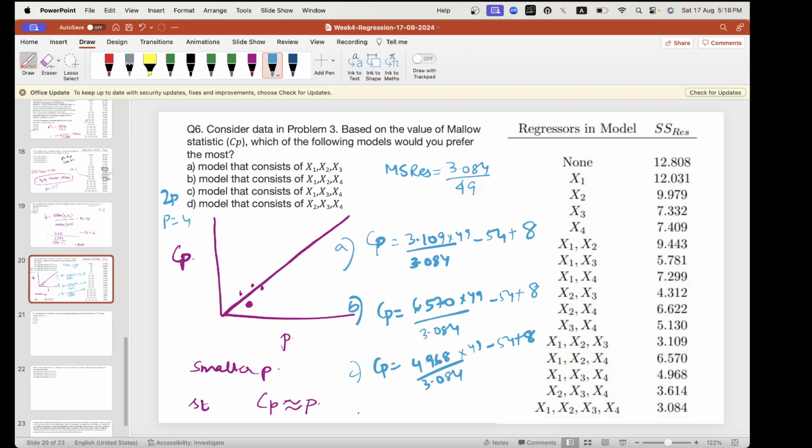And for D it would be x2 x3 x4, so it would be 3.614 by 3.084 by 49, minus 54 plus 8. So I'll just calculate these quickly and then we have to take a decision.